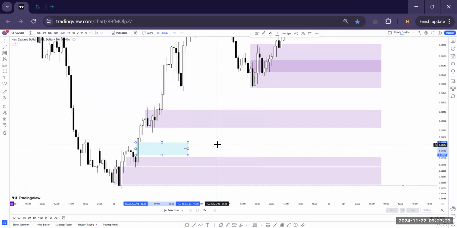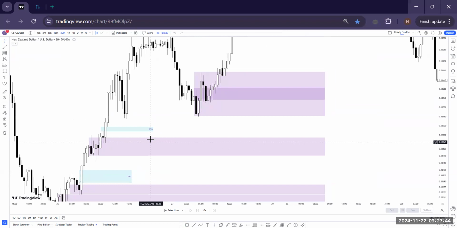Do we have any other gap? Yes, we do. We have a gap here. Was very tiny. Between candle 1 to 3, we have a gap here. Do we have any gap? Yes, we do. Look at this one. It discovered as price was coming down, we had another block here.